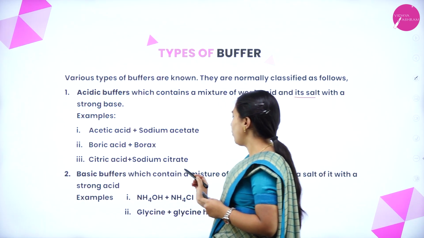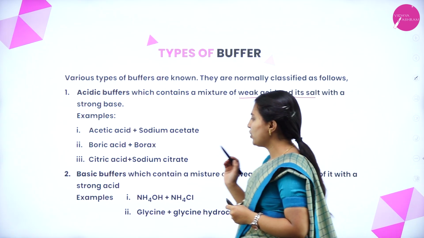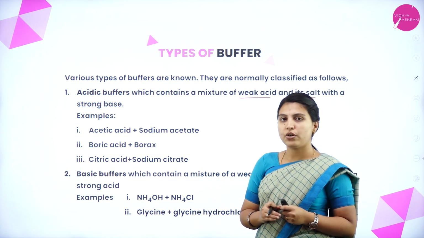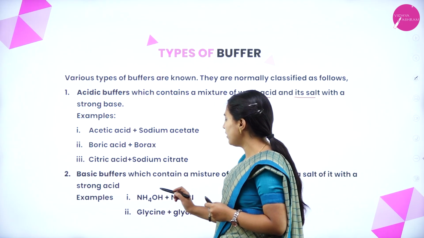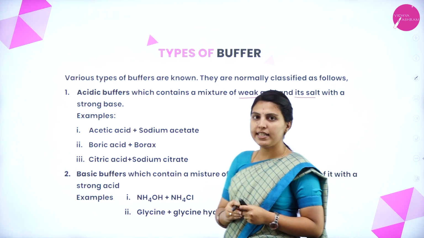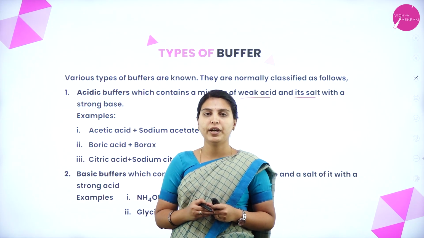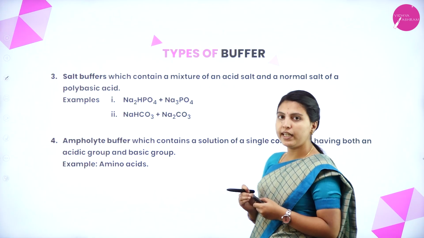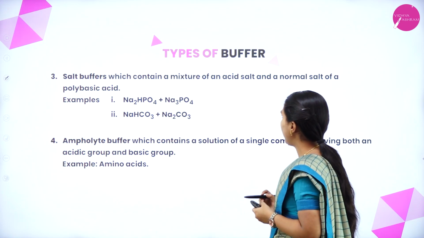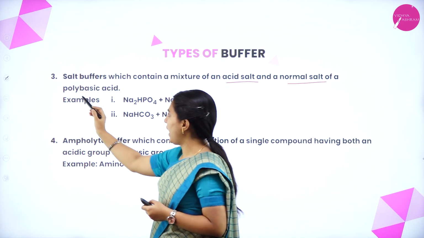Next, basic buffers, which contain a mixture of a weak base and its salt with a strong acid. Examples: ammonium hydroxide plus ammonium chloride, glycine plus glycine hydrochloride. These are the 2 examples of basic buffer. The third type is salt buffers, which contain a mixture of an acid salt and a normal salt of a polybasic acid.